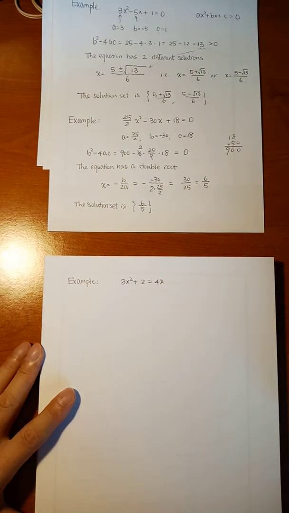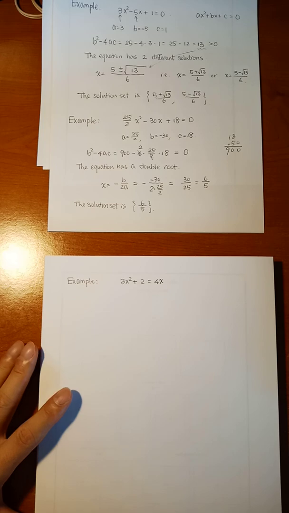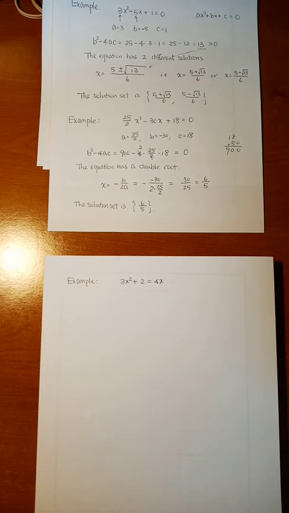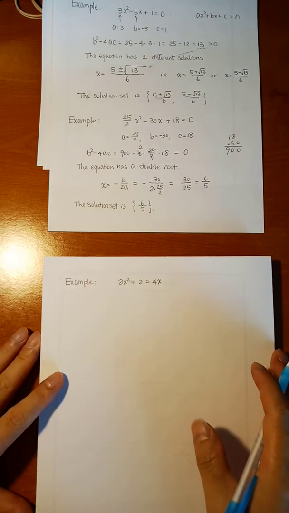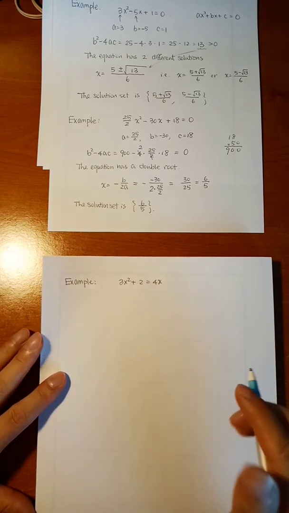Okay, this is 3x squared plus 2x is equal to 4x. The quadratic formula can only be applied to the standard form quadratic equation because we need the correct values of a, b, c.